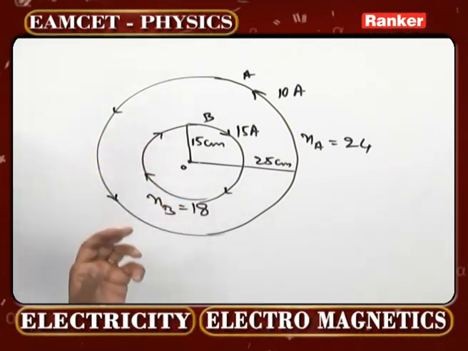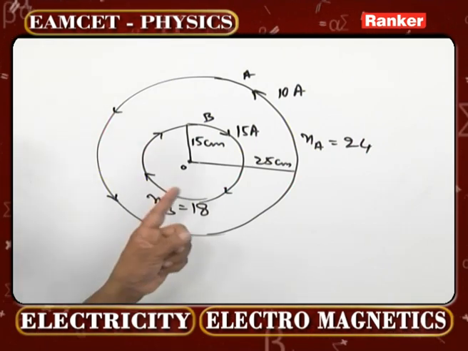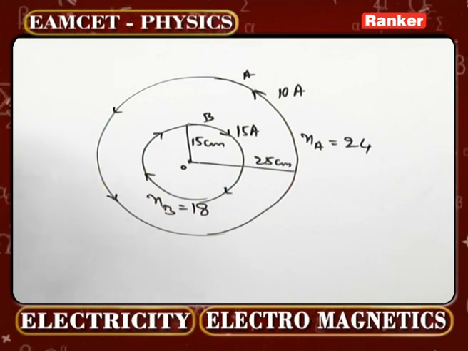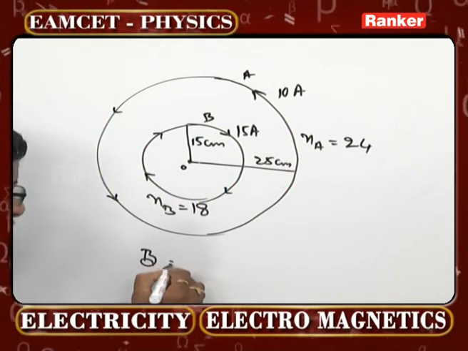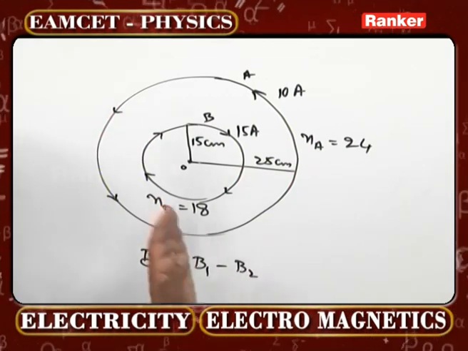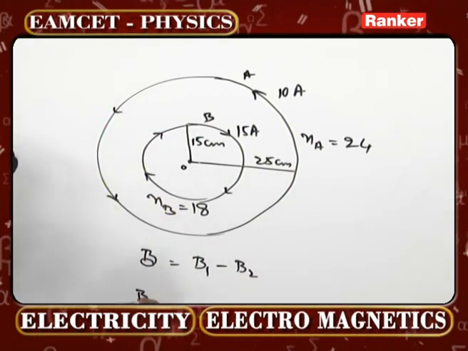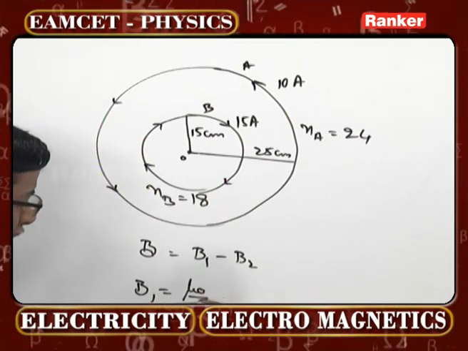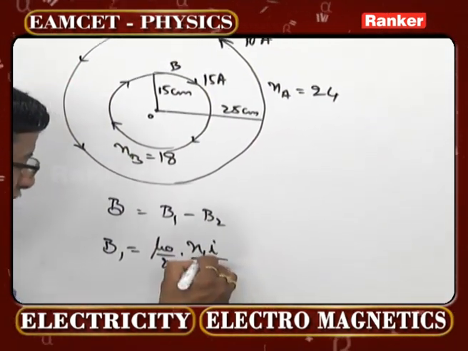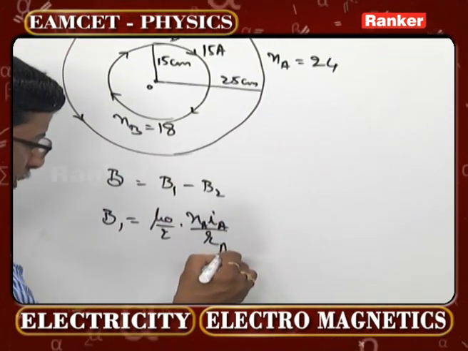When both the directions are opposite, you have to take the difference of those two to get the resultant magnetic induction there. So what is B now here? It is nothing other than B1 minus B2. That is the concept. What is B1 now? B1 is nothing other than mu naught by 2 Na Ia by Ra.